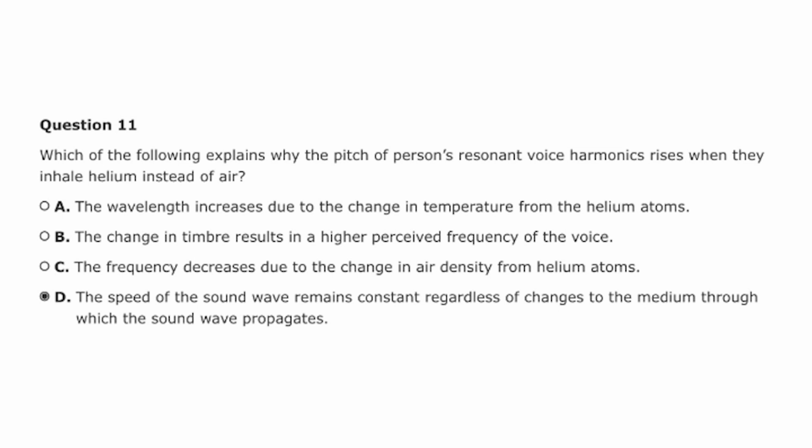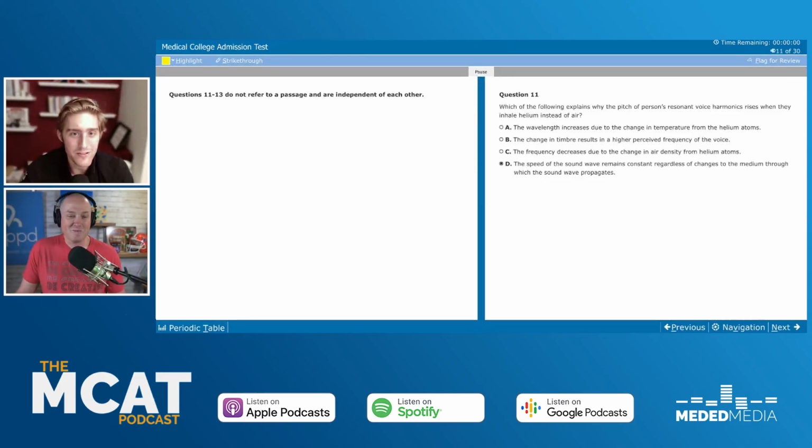So this question illustrates a really great strategic point on the MCAT, which is to say that right answers for these kinds of questions need to be right for the right reason. They also need to answer the question. Yeah.